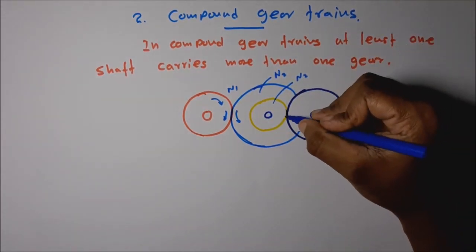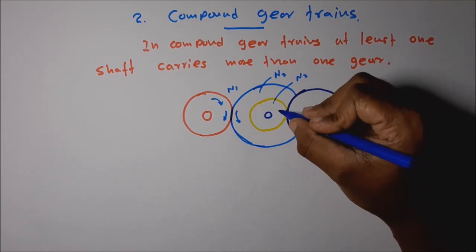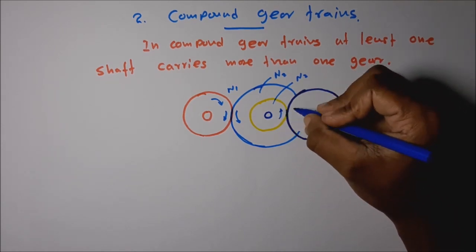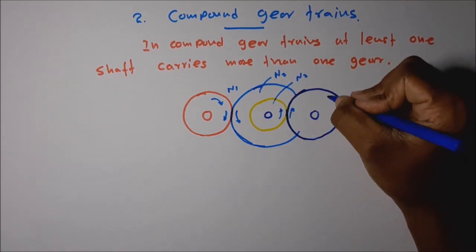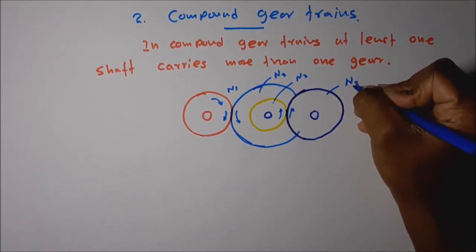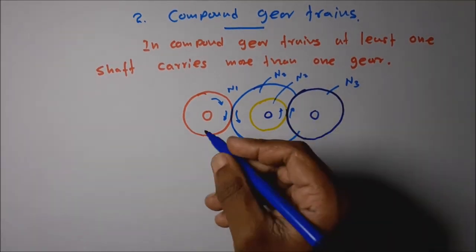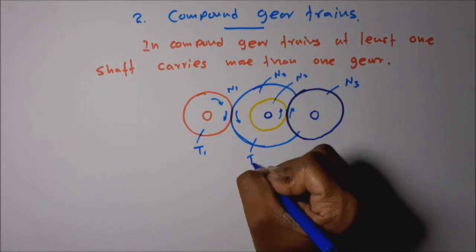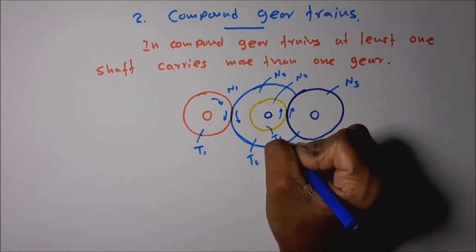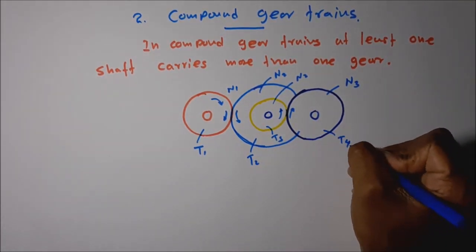If this is meshing with this gear wheel, rotating in this direction, that is n3. Let's take t1 teeth, t2 teeth, t3 teeth, and t4 teeth.